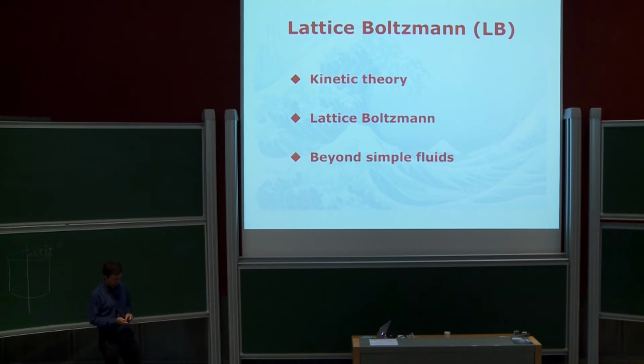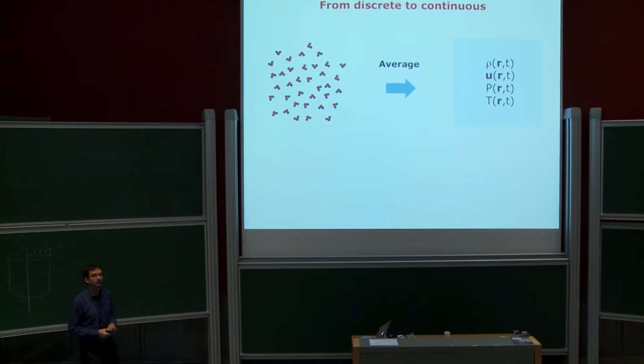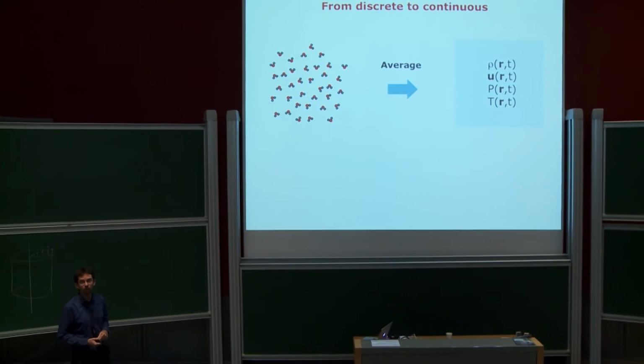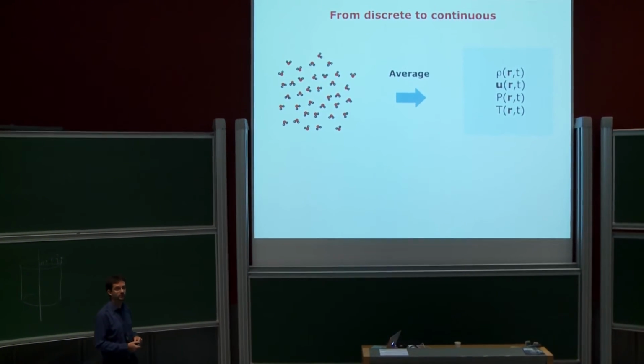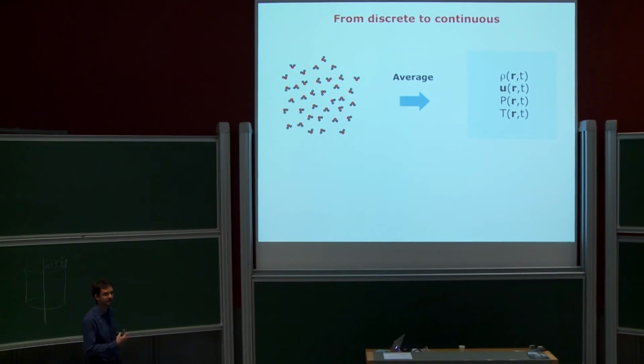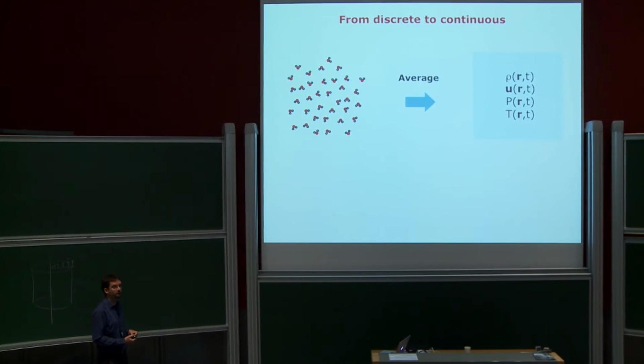So first of all, I'd like to come back to the idea I introduced this morning, that if you want to investigate flows, you're not interested in the trajectory of all your solvent molecules, because that's way too much information and way too much irrelevant information for your purpose.